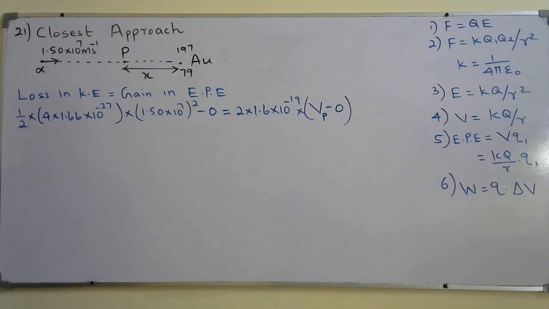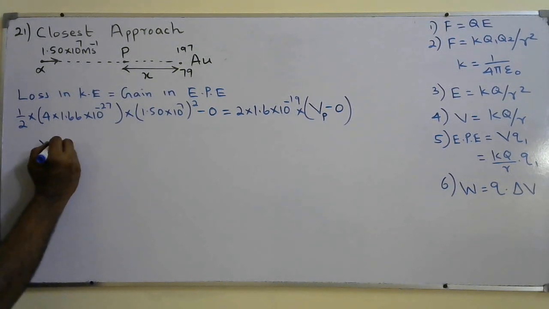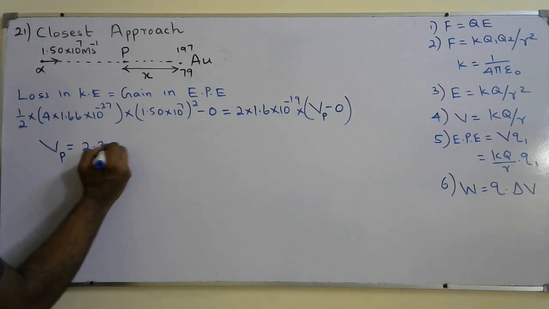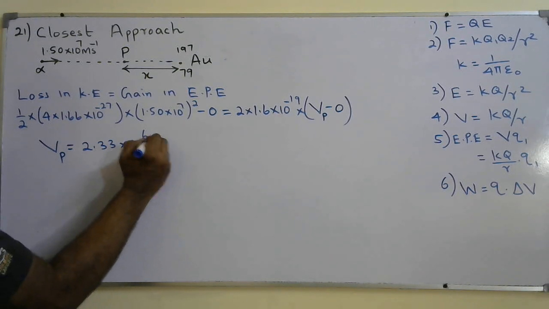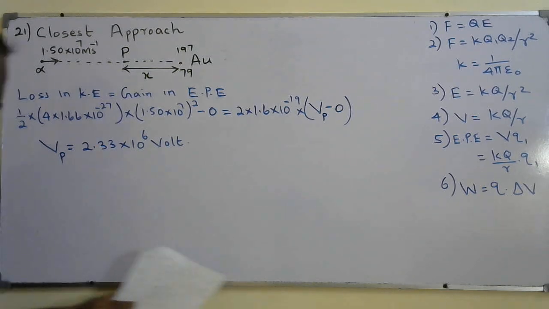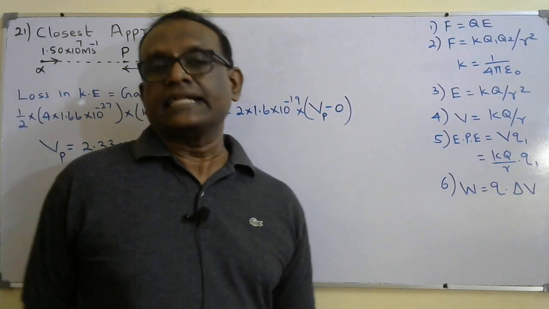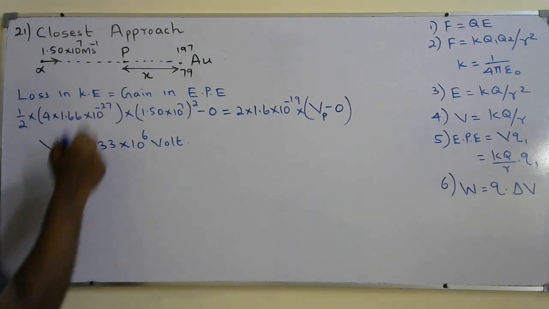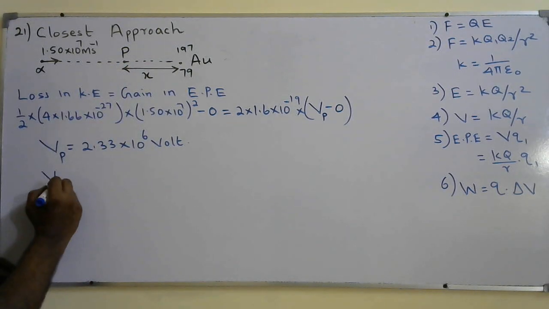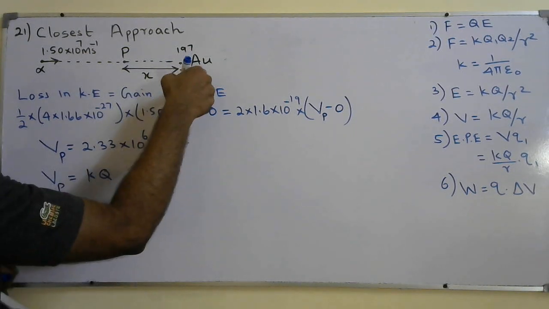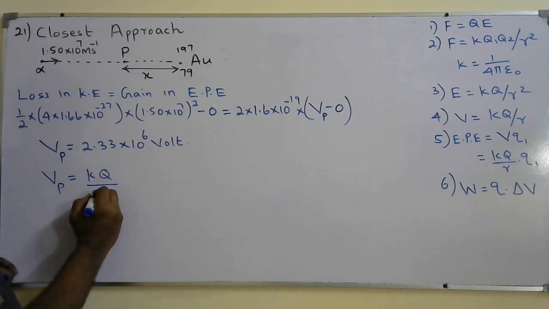So Vp will be equal to 2.33 × 10^6 volt, which is created by the gold nucleus. That is Vp equals kq over r, where q is the charge of the gold nucleus and r is x.